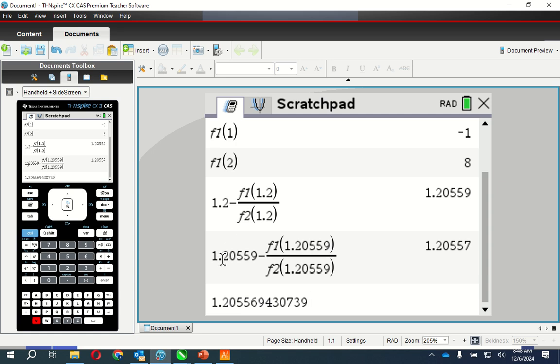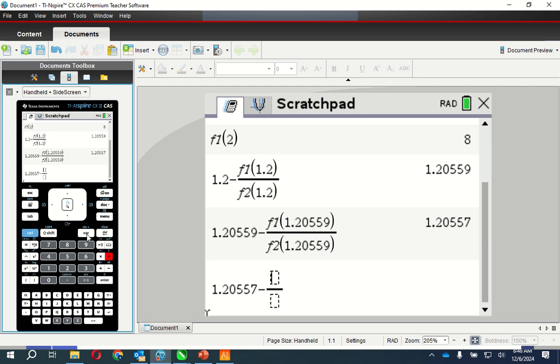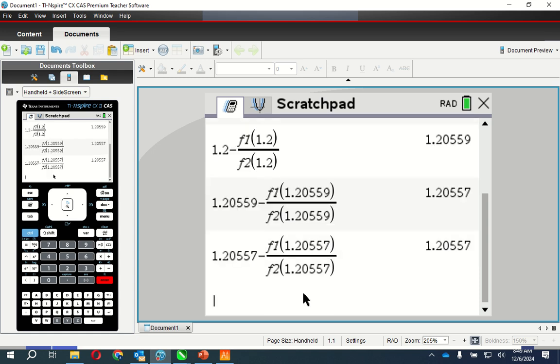So this one was the second, minus, control divide, and this one right here is going to make it the third.